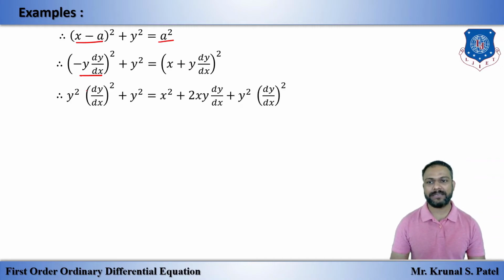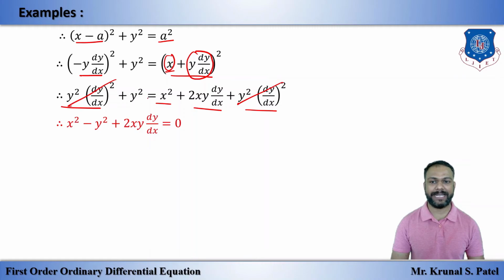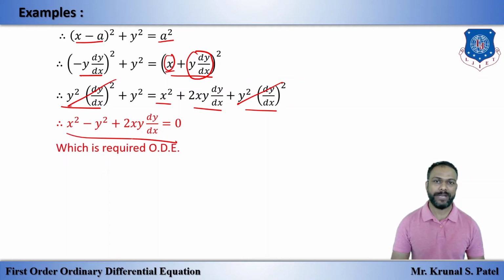By expanding this, using (a plus b) whole squared is a squared plus 2ab plus b squared, and canceling out the two same terms, we have remaining x squared minus y squared plus 2xy dy by dx is equal to 0, which is our required ODE.